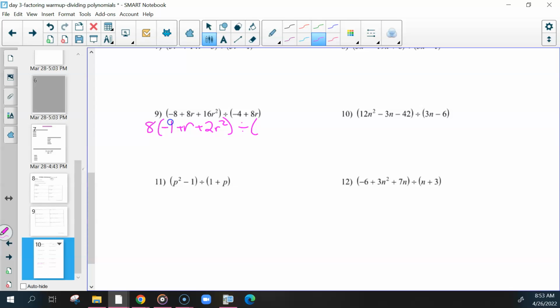You can also factor a GCF out of the denominator. And again, I'm going to pretend that the 8r came first. That's why I only factored out a positive, not a negative.